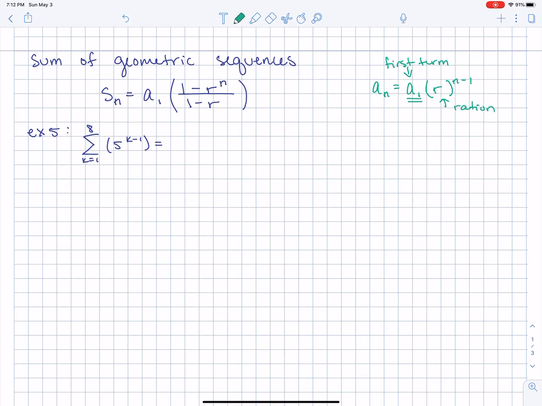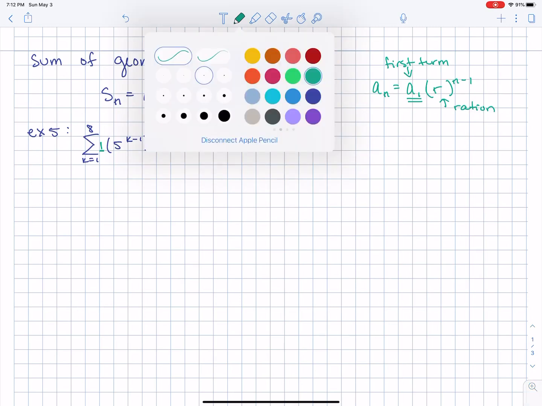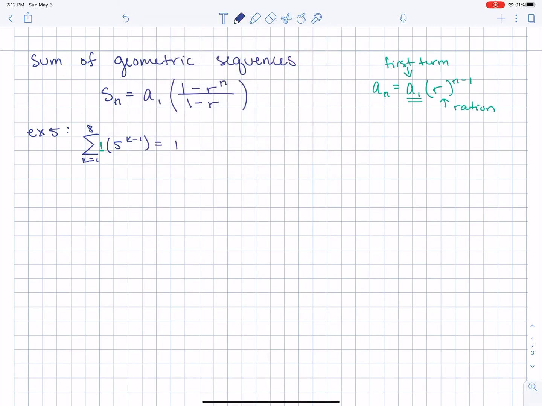Looking at the number outside here, there's an invisible 1 in my example, so I can say 1 times 1 minus my ratio, and my ratio is this 5. So 1 minus 5 to the power of however many terms you're doing, so the power of 8, over 1 minus 5.